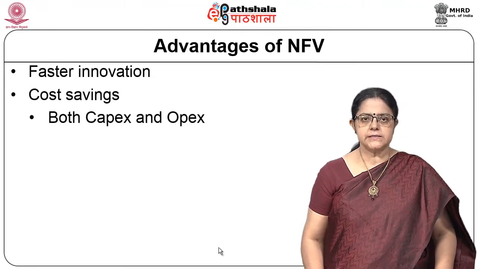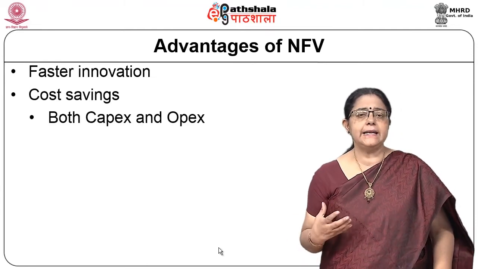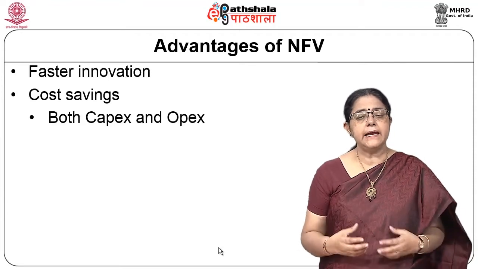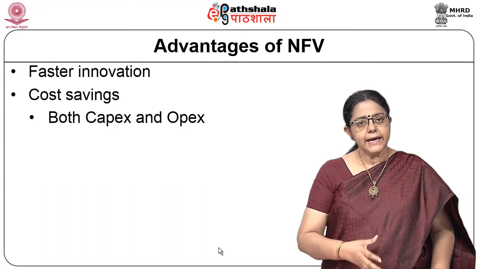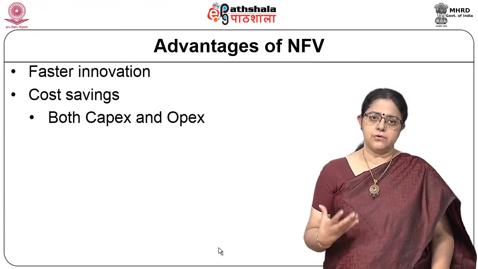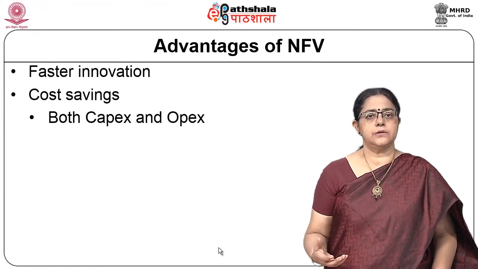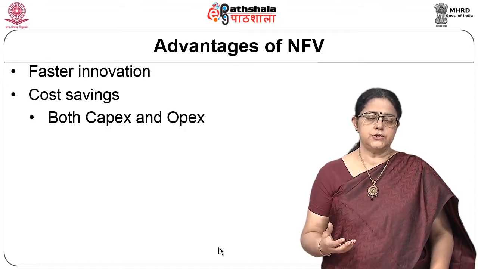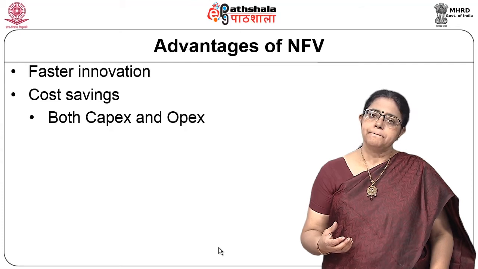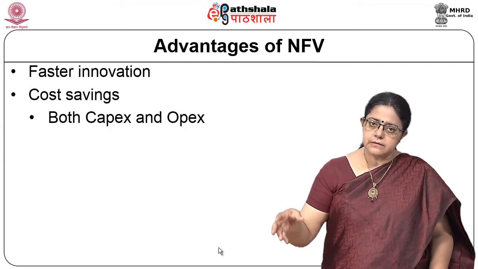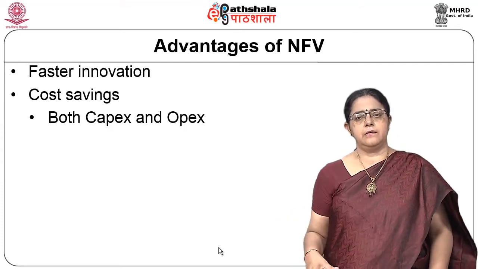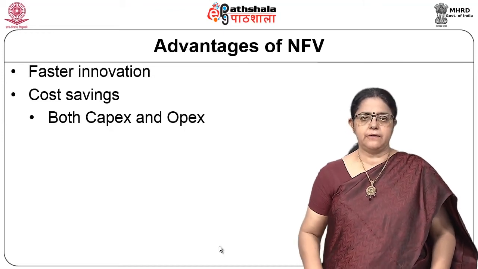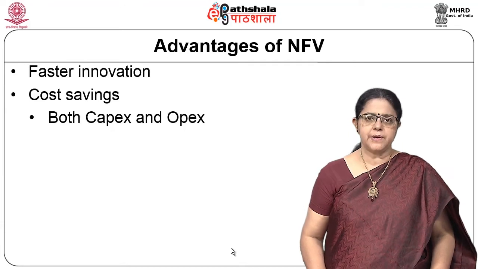So, fast innovation. If any new technique needs to be tried out, doing it on the actual network is costly. In case the functionality does not work, and in case there is a correction that needs to be done on that functionality, then it may damage the physical networking components, or at least it will keep them occupied for such testing purposes.